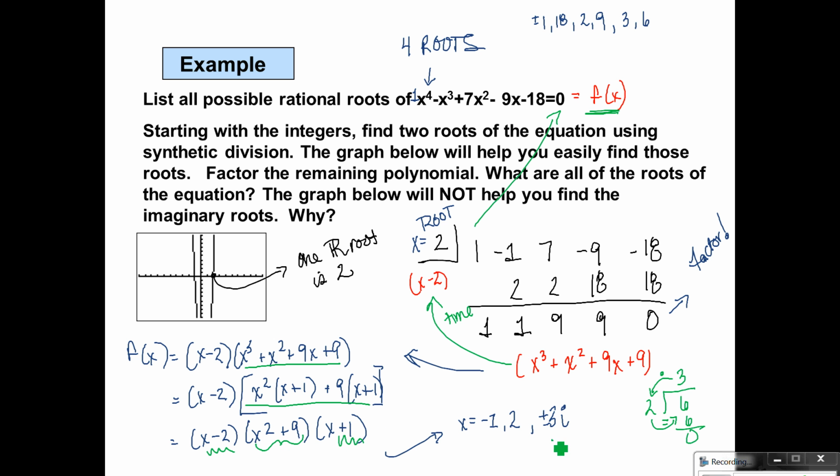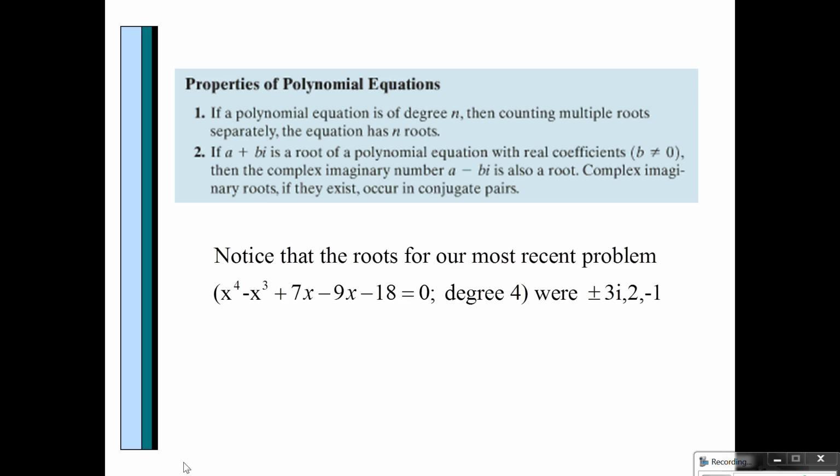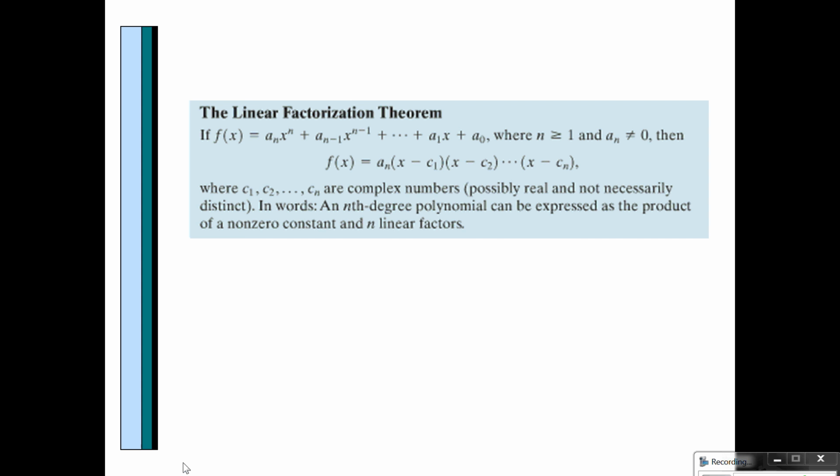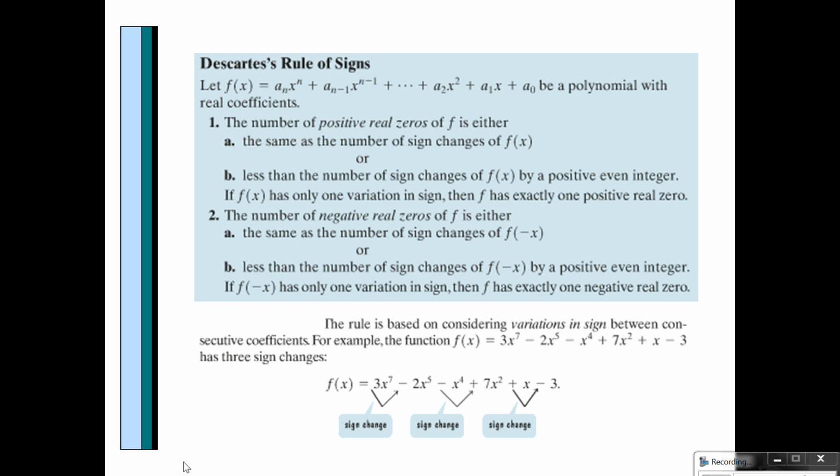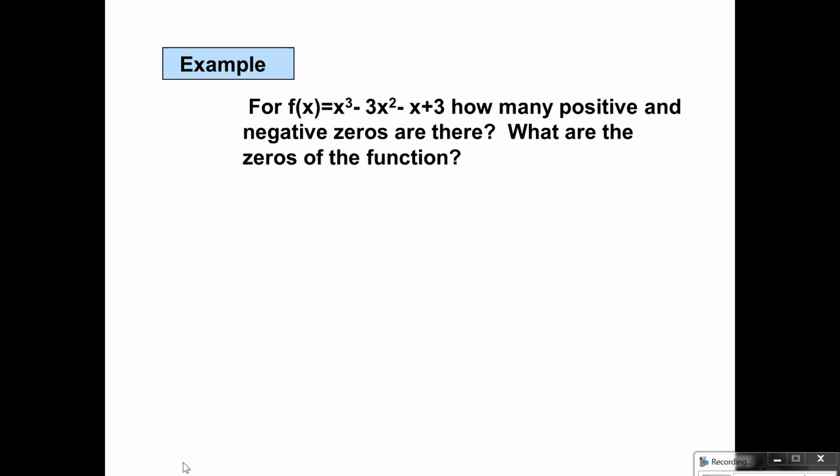Because I'll have x squared plus 9 equal to 0, which is going to be x squared equal to negative 9. And when you solve for x, you get positive or negative 3i, which leads us to yet another formula. Somewhere.